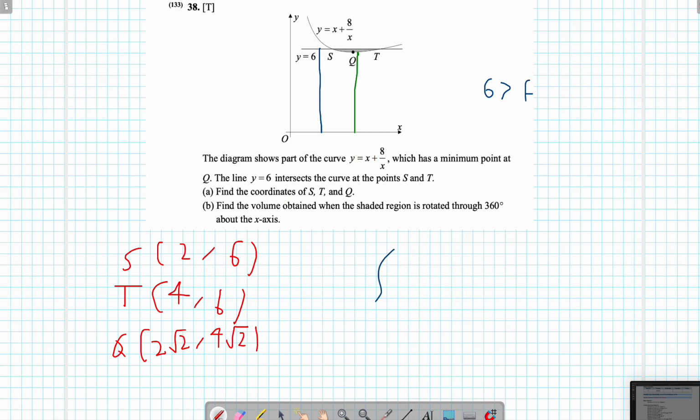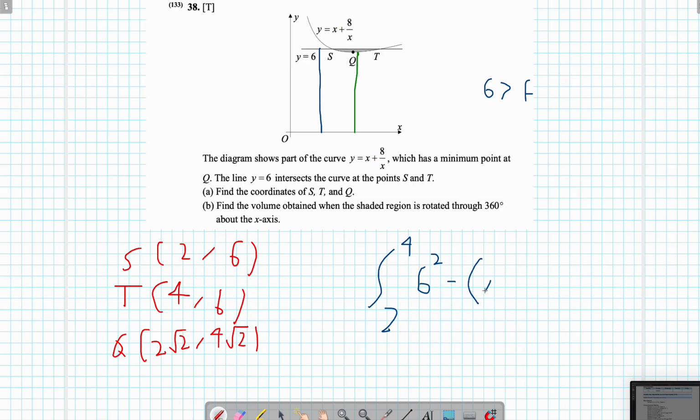From S to T, which is from 2 to 4, they want the shaded region. We do nothing with Q since they just want from 2 to 4. What we're going to do is biggest squared, which is 6 squared, minus the function squared.